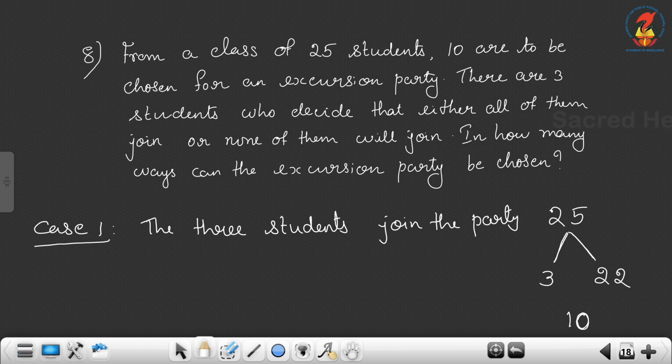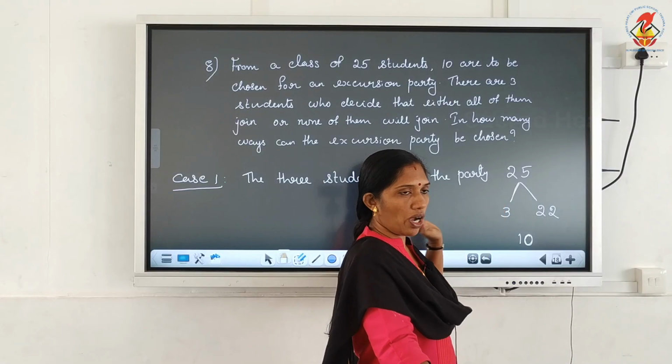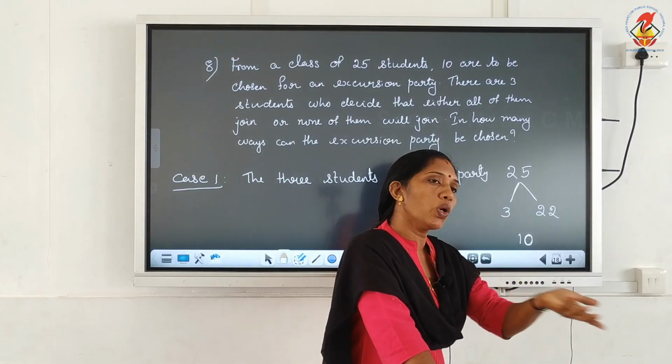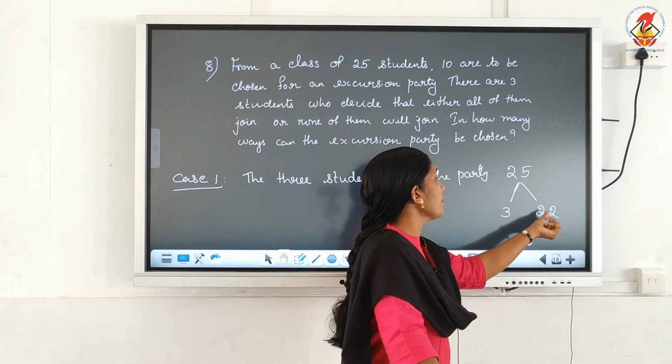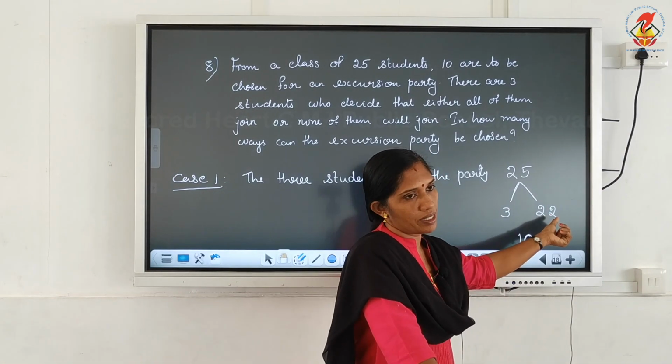Total we need 10. So already 3 joined the party. Then how many more do we need? We need 7 more. That 7 from the 22 students.